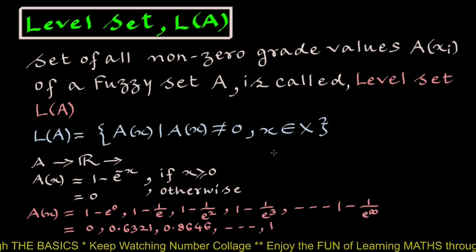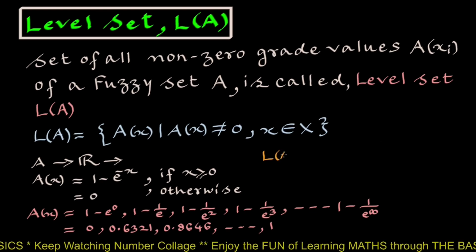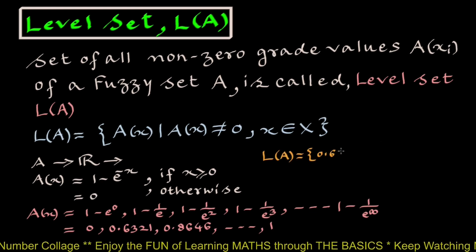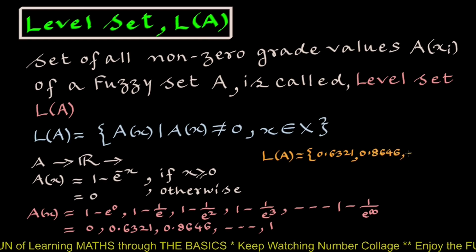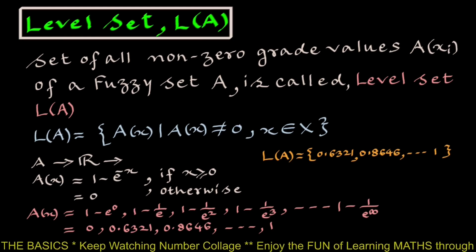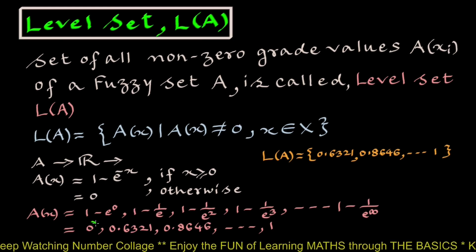So in this case, level set L of A will be 0.6321, 0.8646, etc., 1. Remember, here we have excluded membership grade 0.